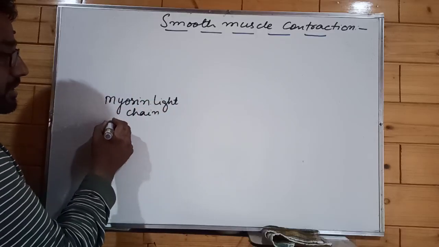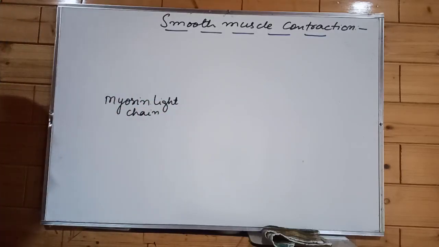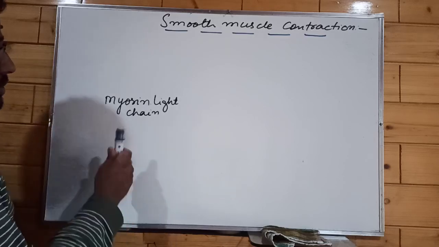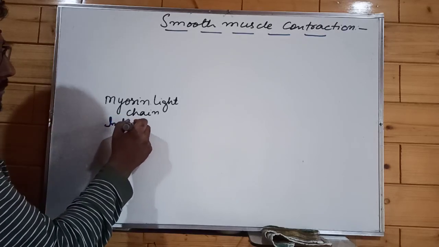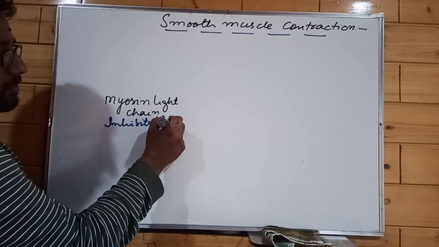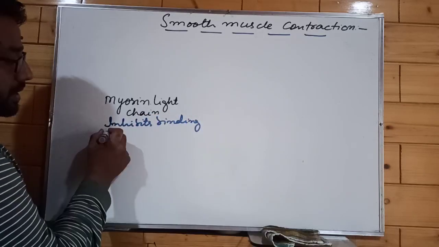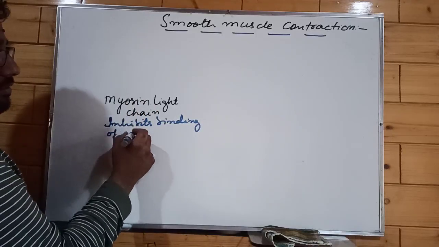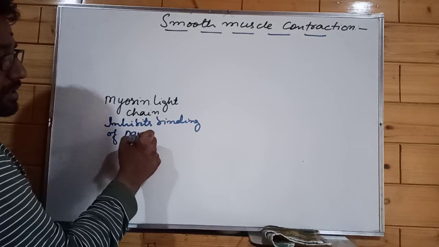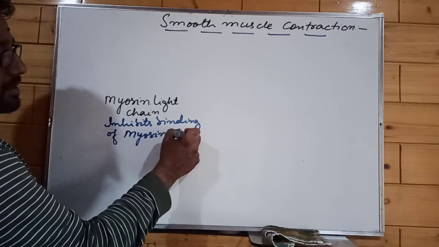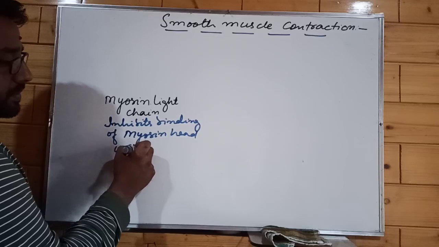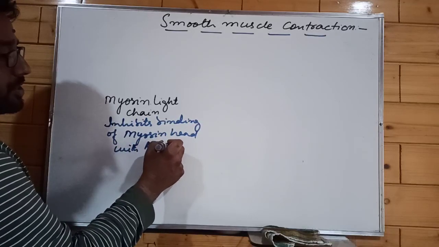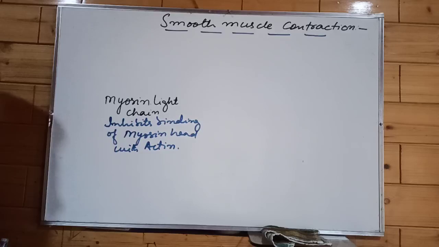This myosin light chain inhibits binding of the myosin head with actin. So here the regulation is intrinsic in the myosin protein itself. So myosin light chain inhibits binding of the myosin head with the actin.